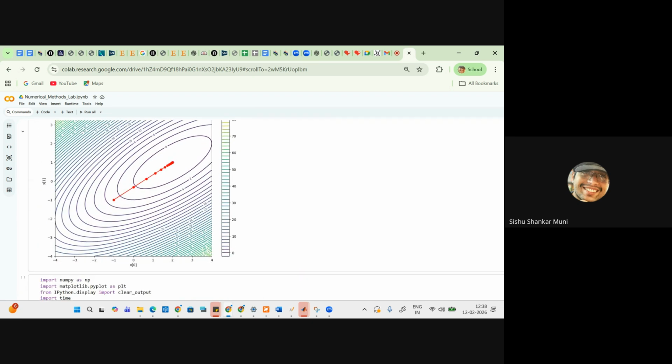See, the starting point is different here. You cannot predict where you will reach from where you start, because it is a highly nonlinear problem. It has square terms, xy terms. You cannot say. If it is ax, it is linear.